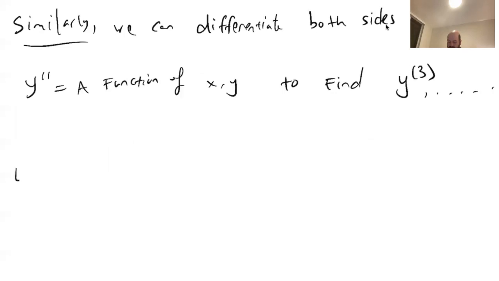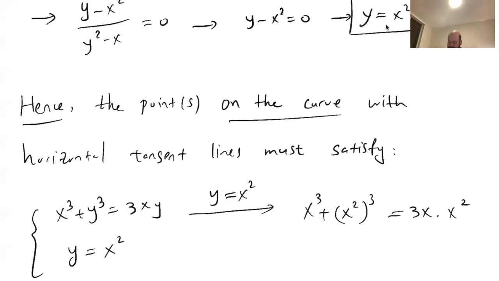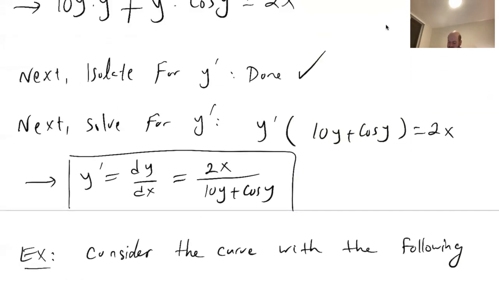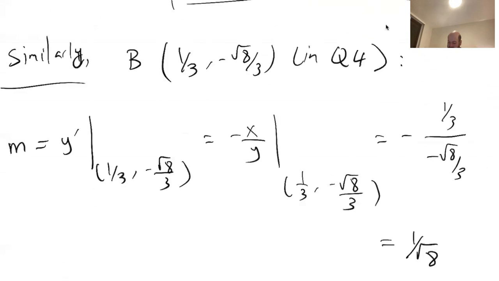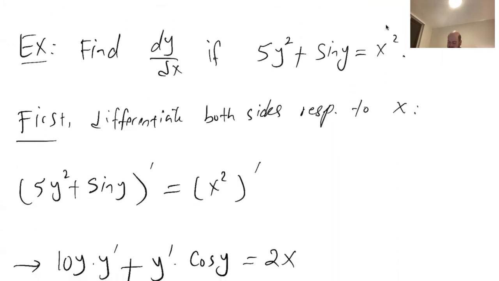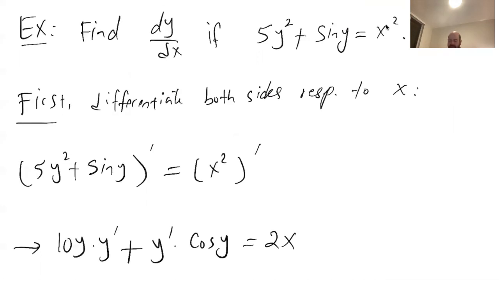Okay, so let's look at an example. There was an example that we did above for finding y prime. Let me do the same example, but this time we want to find y double prime. So this example: 5y squared plus sine y equals x squared.